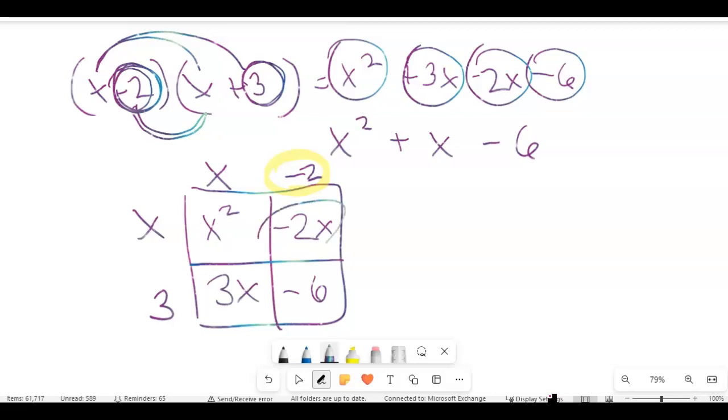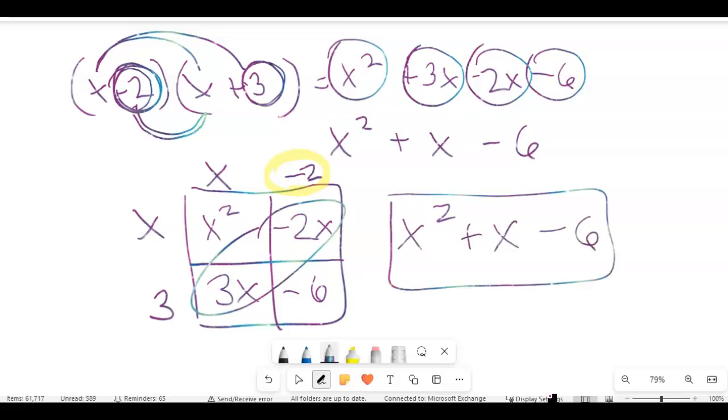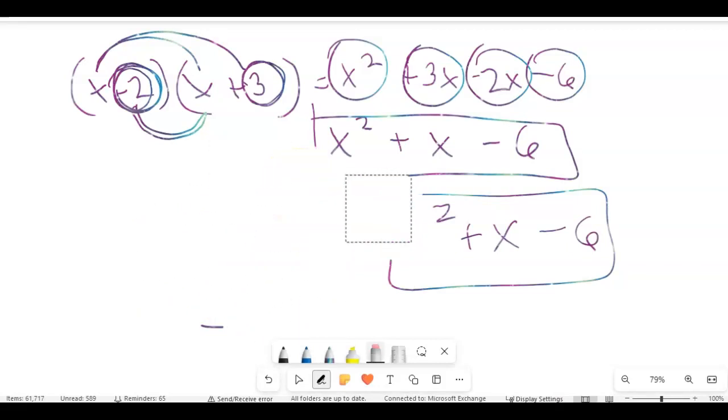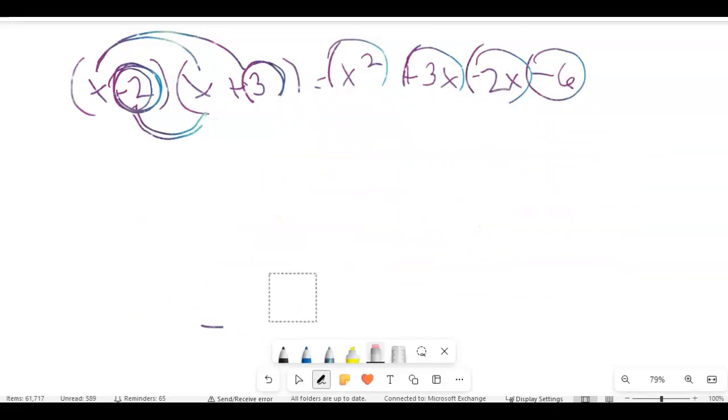Then I can again combine my like terms. We have x squared, 3x minus 2x is just 1x, and minus 6. So again, we get the same answer as we got here. The only difference is that I just used a different method of doing that. But this is how you take factored form and put it back into standard form to show that equivalency.